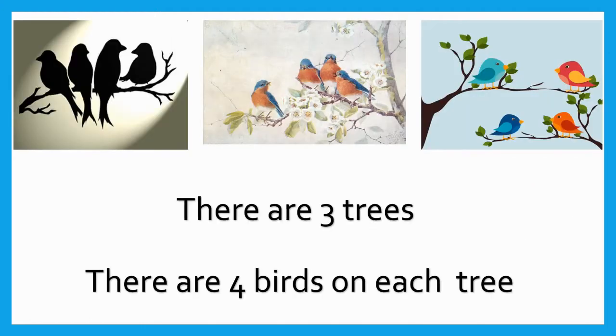Let's see another example. There are 3 trees. There are 4 birds on each tree. So children, first we have to find out all the birds together.